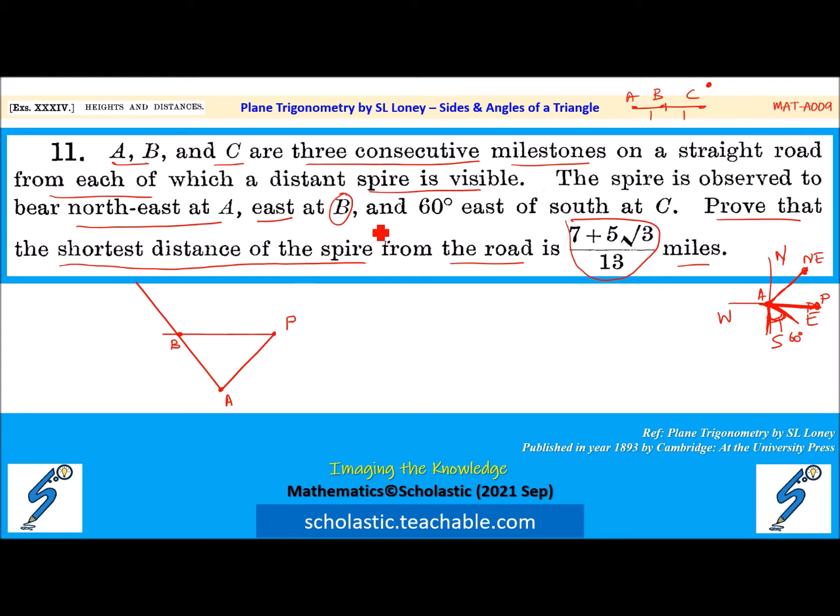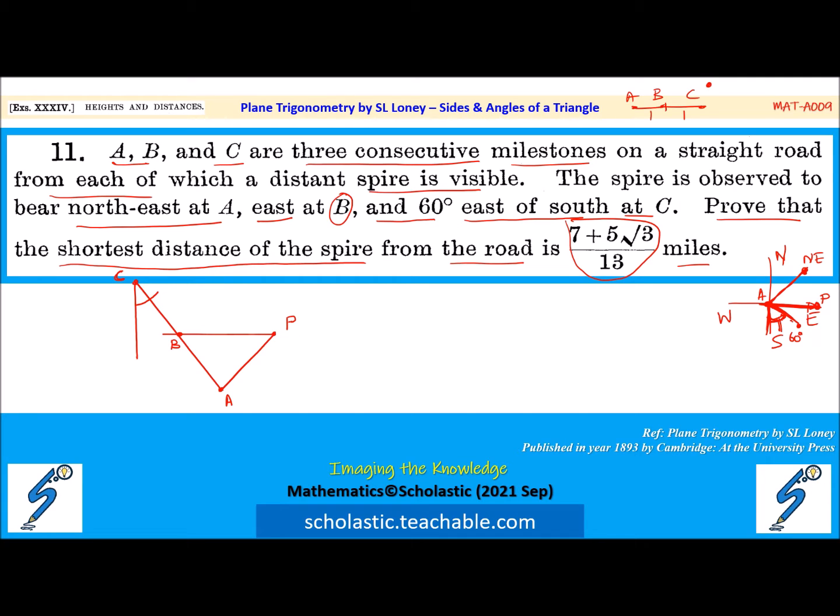Okay, so again go forward, 60 degrees east of south at C. East of south means from south, if you go to east 60 degrees, you will see the spire. That means from point C, you have the south, which is going down like this. And from south, go 60 degrees east of south, you should see the spire.